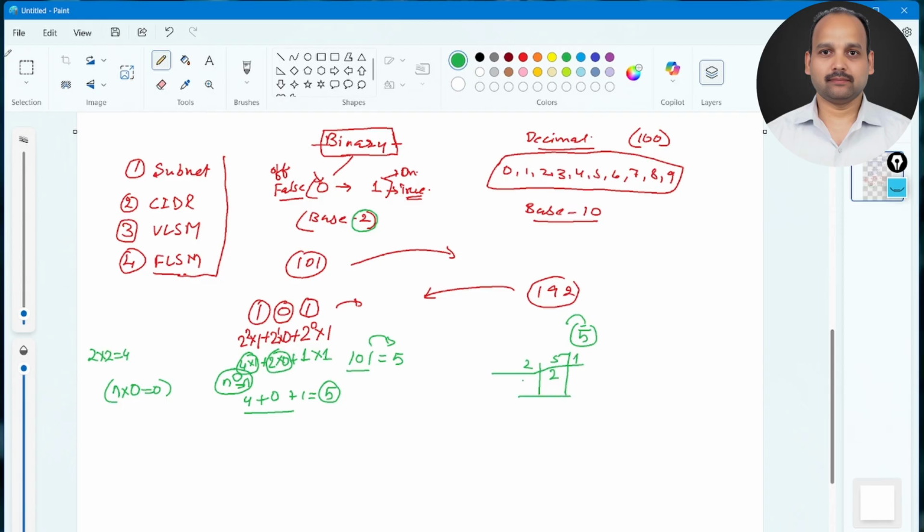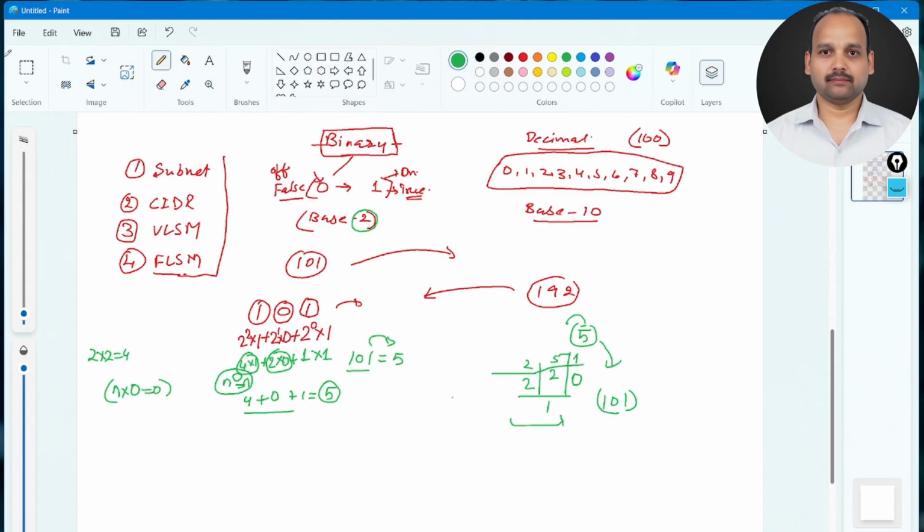Again I divide by 2: 2 ones are 2, and that is 0. I start writing from bottom to top, so 1 0 1, that is the binary value of 5.